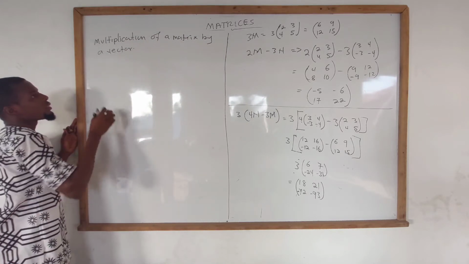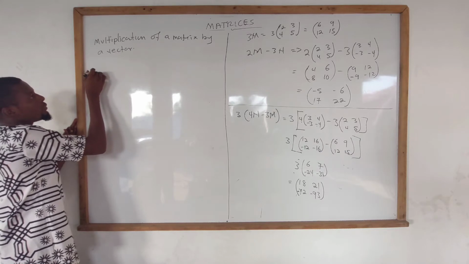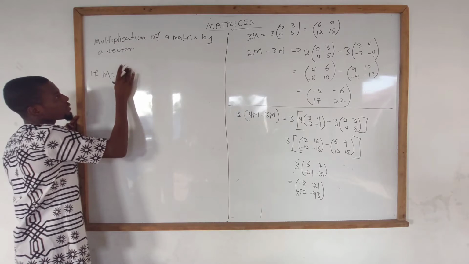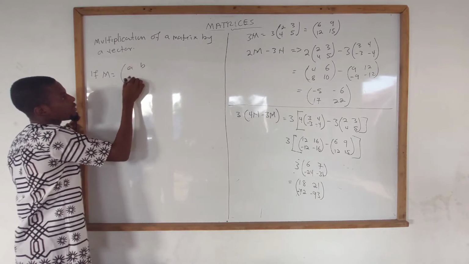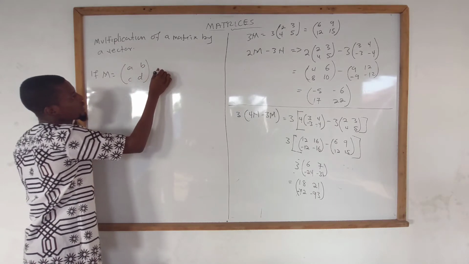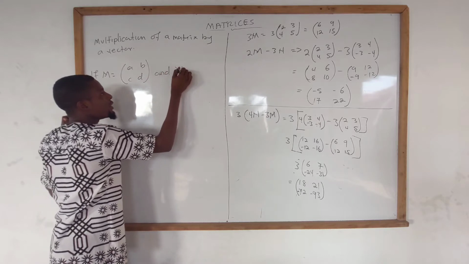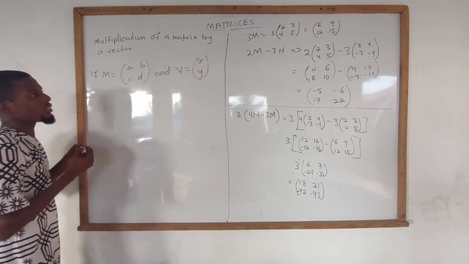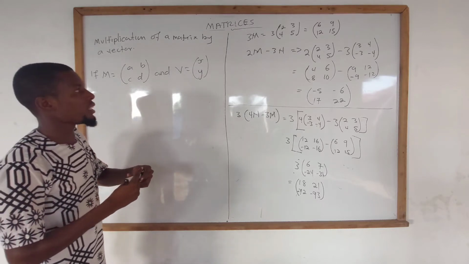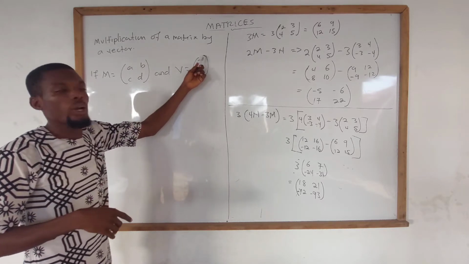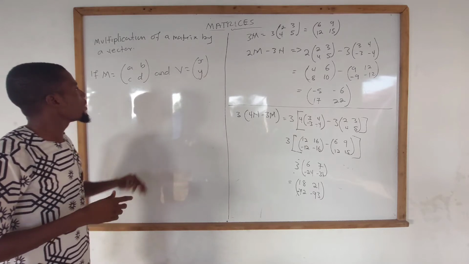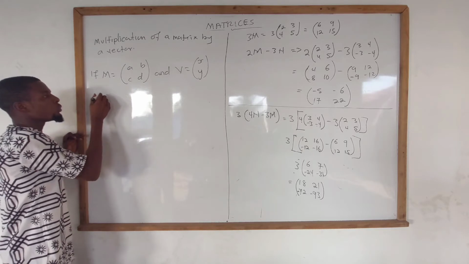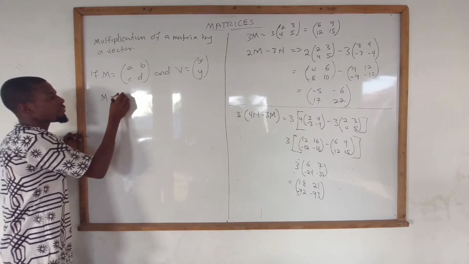Okay, so if I have M equals A, B, C, and D, and I have V equals X and Y, right? This is in a vector form, which we also call a column matrix, right?